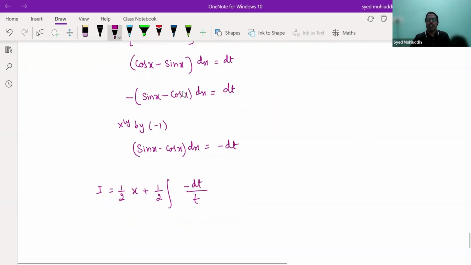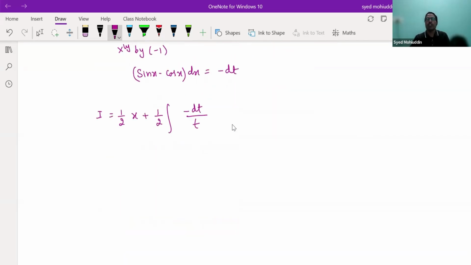Because you integrated, you need to add the constant of integration. So half times x, plus into minus will be minus half, integral of dt by t will give us log of t, plus the constant c.